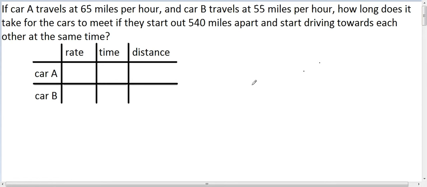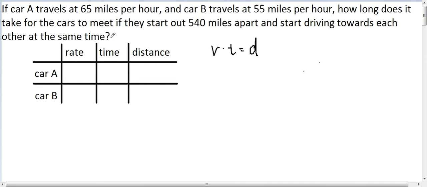And for the columns, we want to write the variables or the information from the equation rate times time is equal to distance. Since the three pieces of information in this equation are rate, time, and distance, that's what we label the columns as: rate, time, and distance.